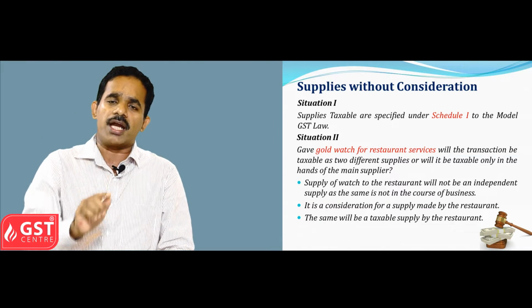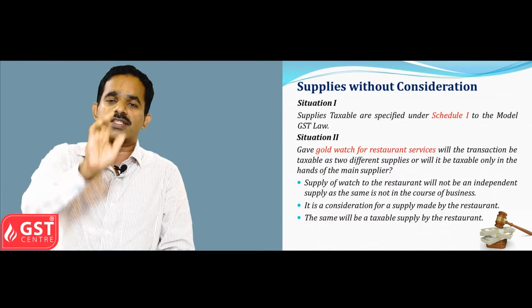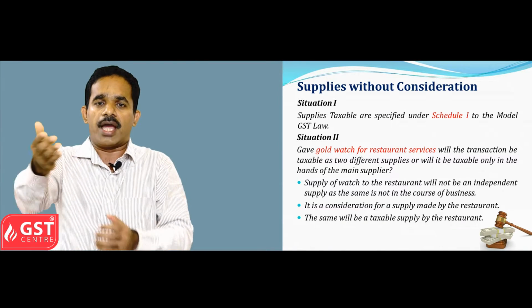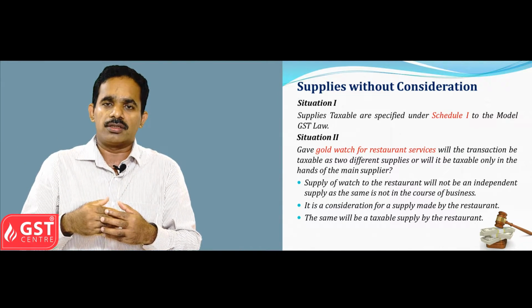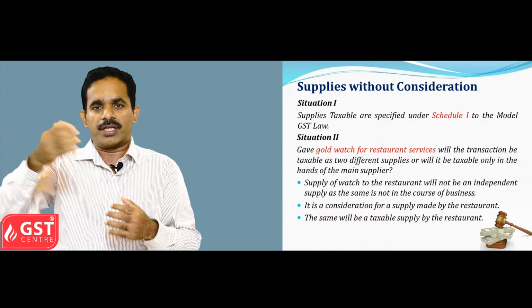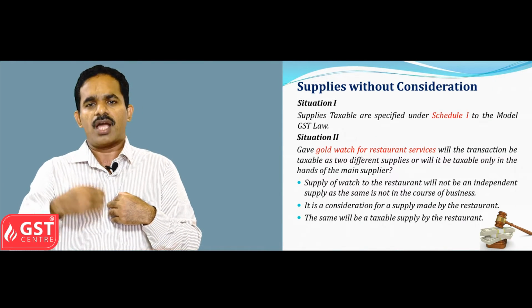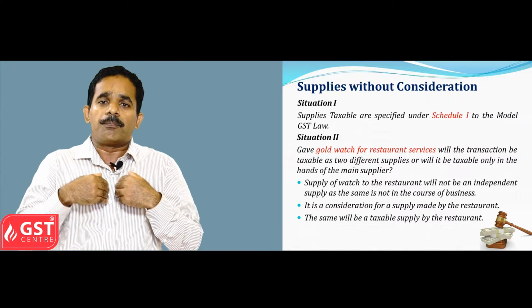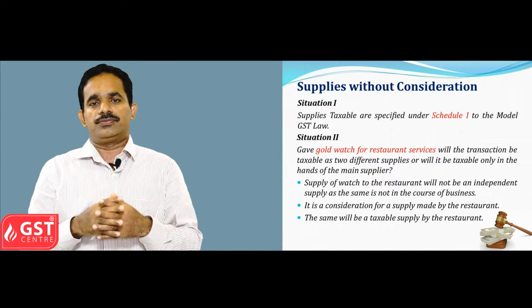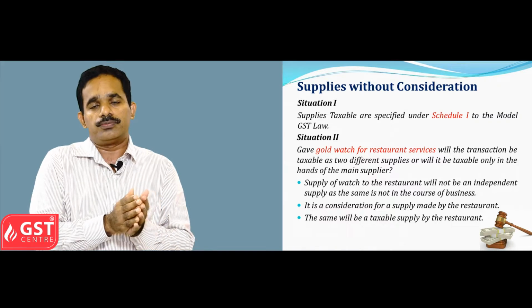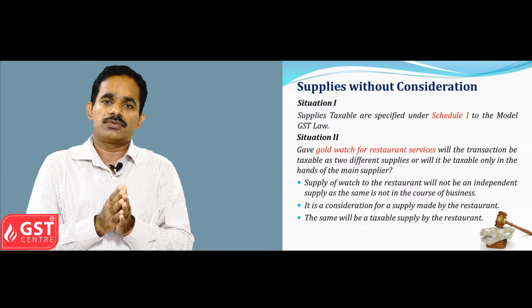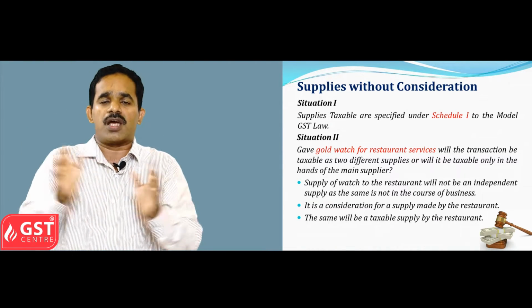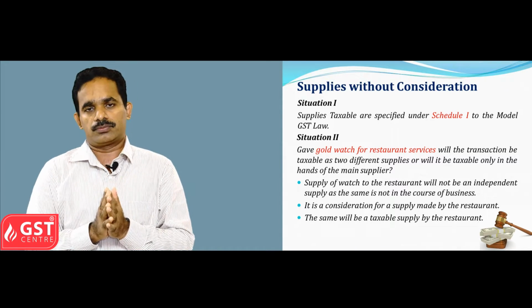So will it be regarded as two supplies or one supply? That is, I had food from the hotel, that is, they provided me a supply of goods and services also. Then I gave them my watch. Watch is also a good as per the GST Act. So will it be deemed as two supplies or one supply?